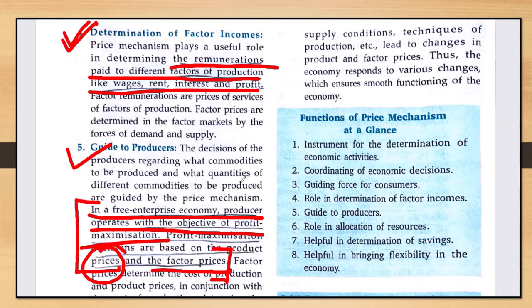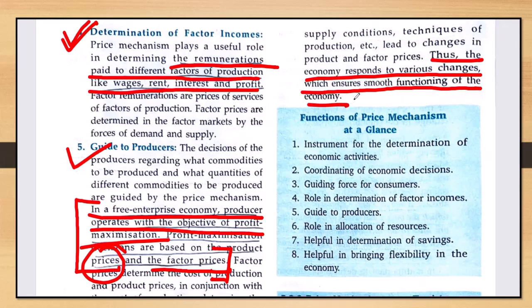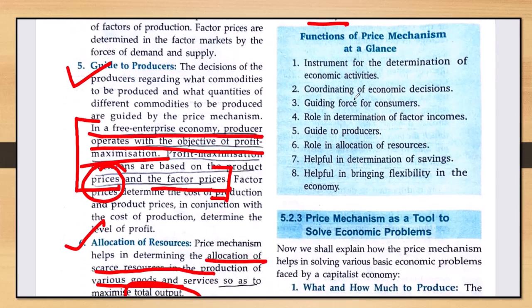So there is a huge flexibility. There is no predetermined price applicable in a capitalistic market. Thus, the economy responds to various changes, which ensures smooth functioning of the economy, and it is very easy to respond in different scenarios also.